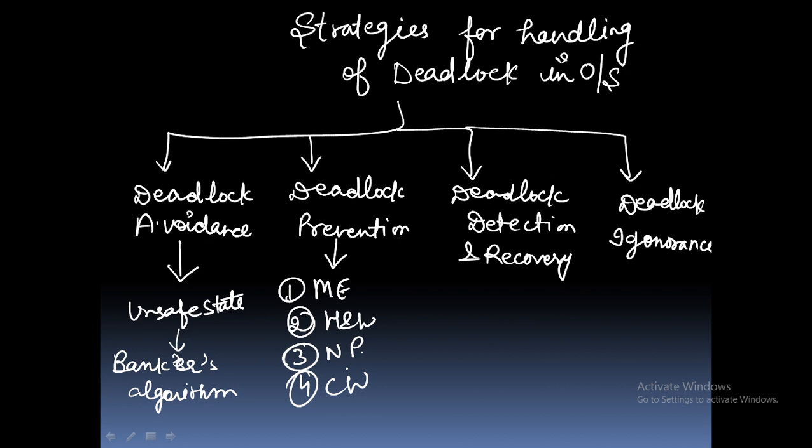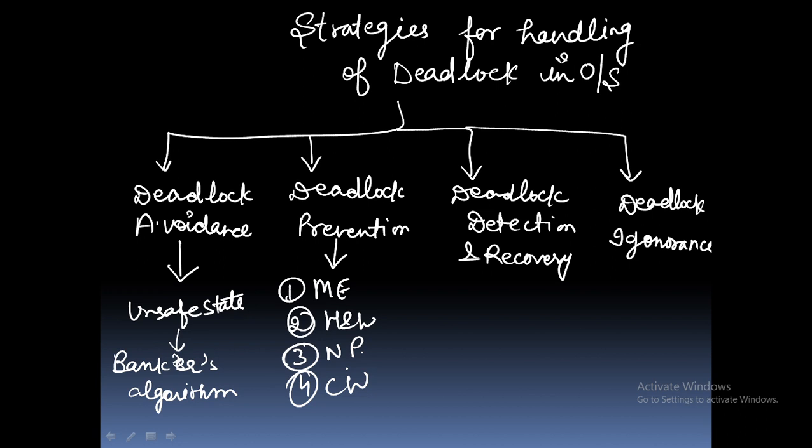Now next is circular wait. This condition can be violated by not allowing the processes to wait for resources in a cyclic manner. To violate this condition, there are some approaches that should be followed.